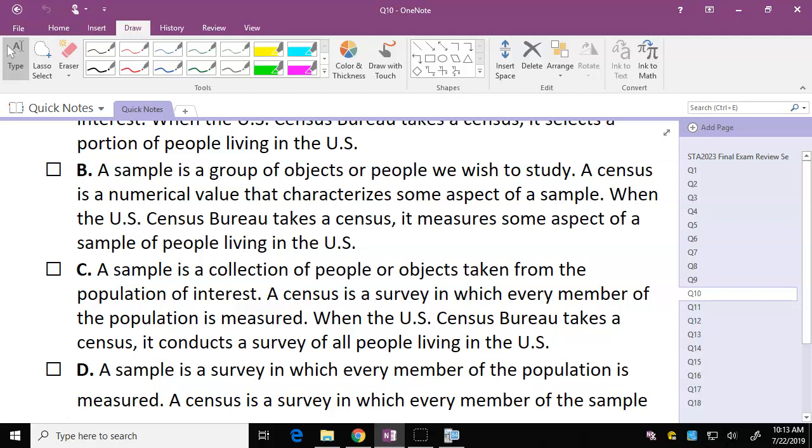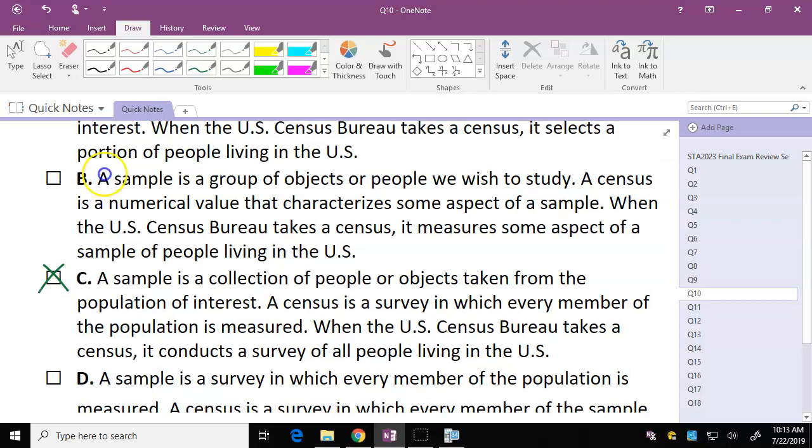And that's what the U.S. Census Bureau hopes to do. They take a census, it conducts a survey of all people living in the United States. A census means you want everyone in on that. So definitely. And if you look at some of the other ones, they just don't make sense. Up here in Part B, it says a census is a numerical value that characterizes some aspect of a sample.